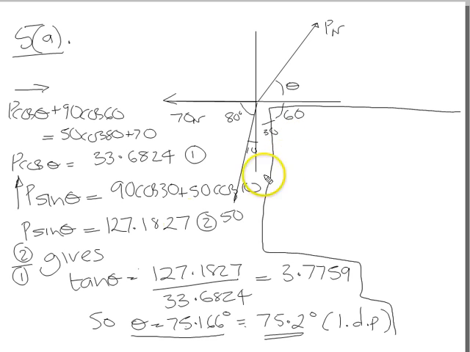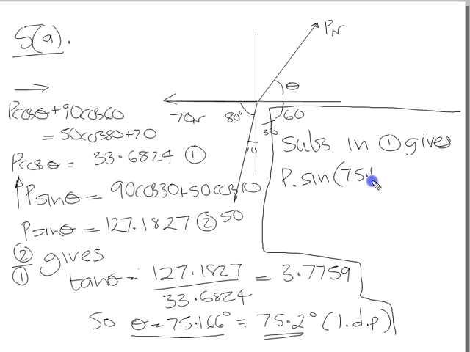Right, so let's sub in equation 2. That gives P sine theta, P times sine of 75.166, equals 127.1827.